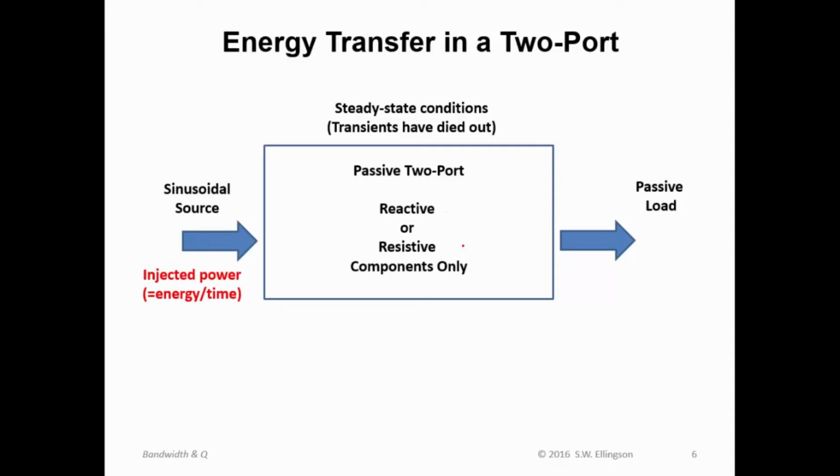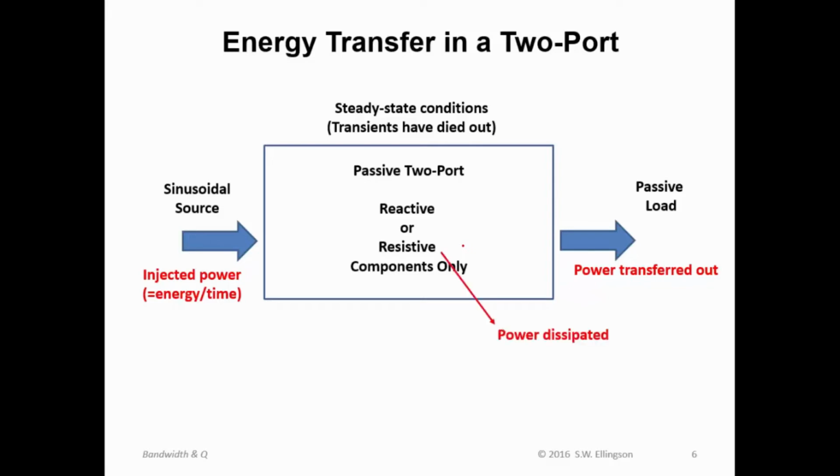Now at the input, let's consider injected power. Now remember, power is energy per unit time. So I'm interested in the energy per unit time that I'm injecting into this two-port. At the output, the relevant thing to consider is the power transferred out. Now that power might be dissipated in the load, or it may be that this load is transferring the power to yet another place. Doesn't really matter. The passive load is a place where power can be transferred out of the two-port. That's the operative idea.